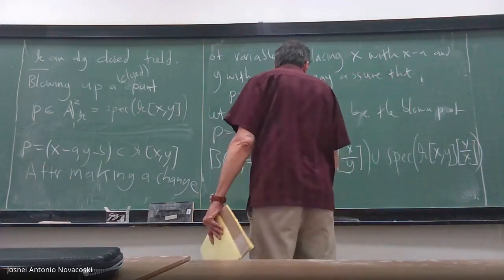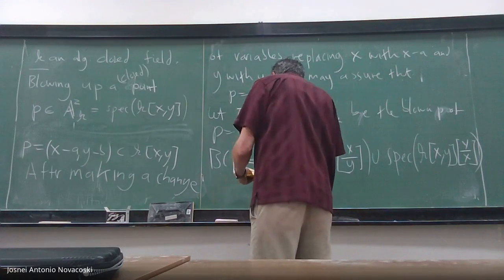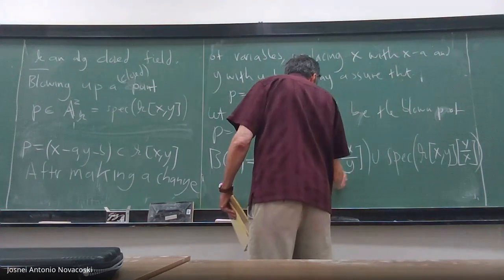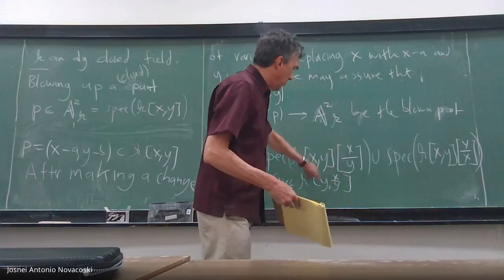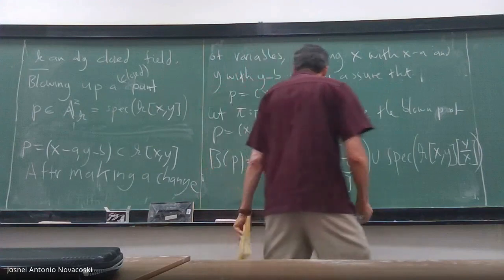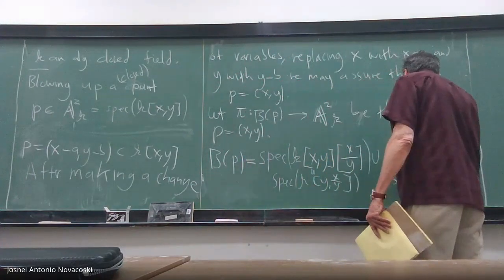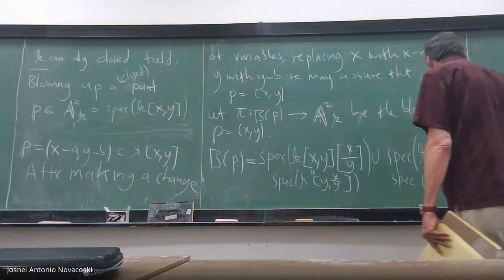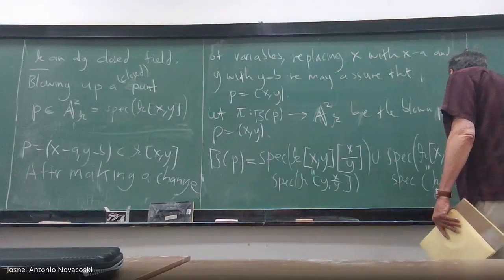You look at this, you can see that this is spec of K[y, x over y], since x is y times x over y, so you can get rid of it. And this is equal to spec of K[x, y over x].